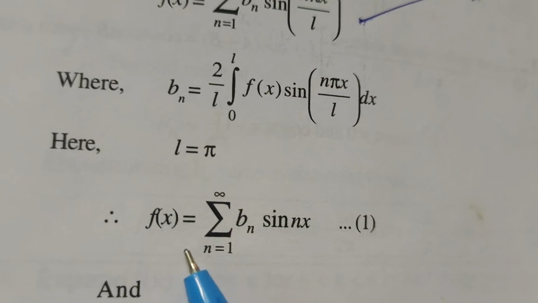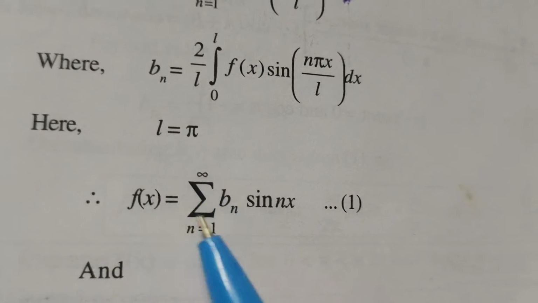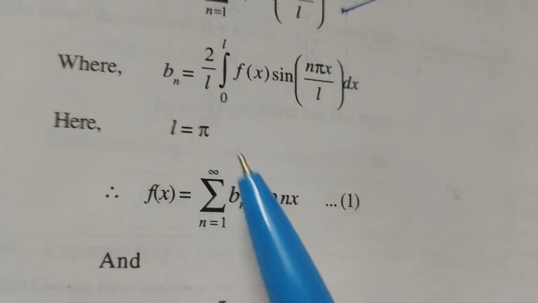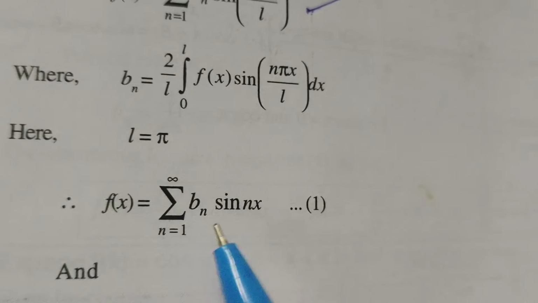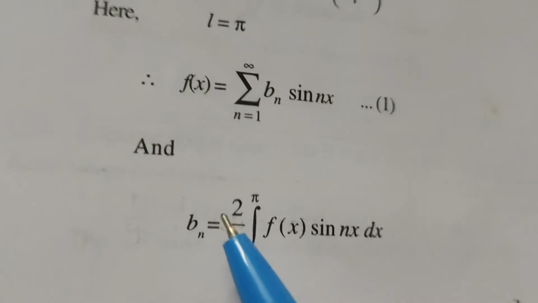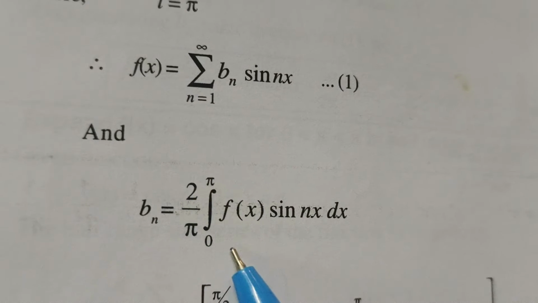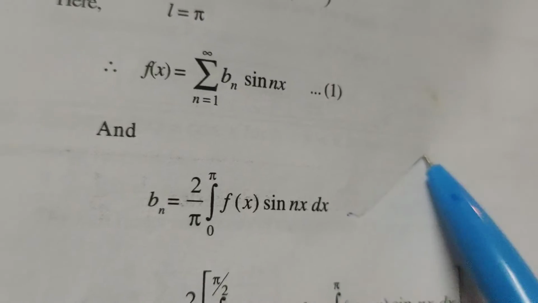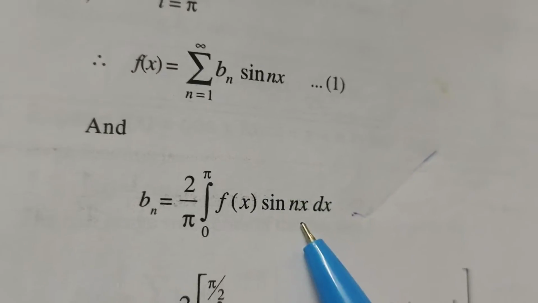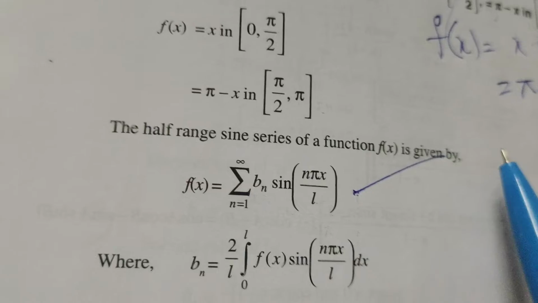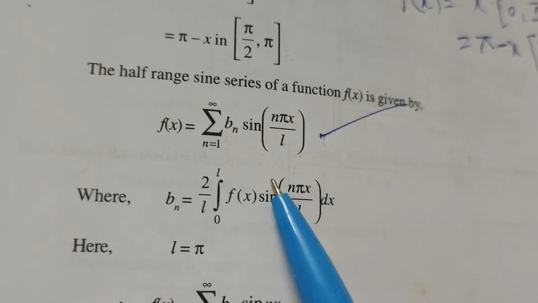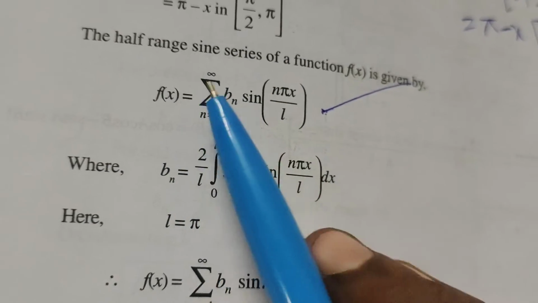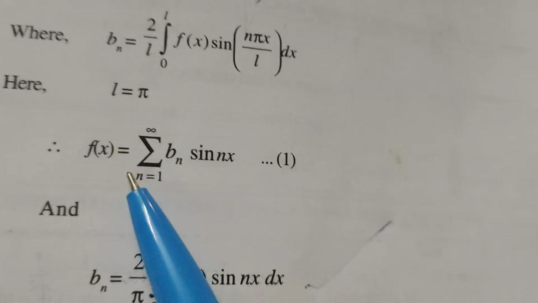Now substitute f(x) = Σ from n = 1 to infinity of bn sin(nx), and bn = 2/π times the integral from 0 to π of f(x) sin(nx) dx. This is the formula for the half range sine Fourier series expansion constant bn for the given interval 0 to π.